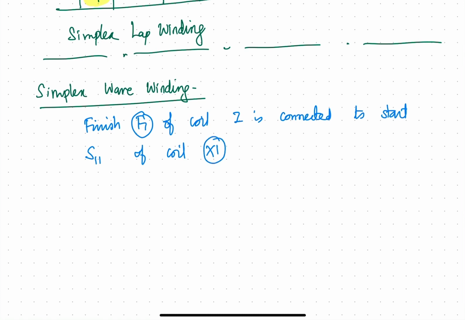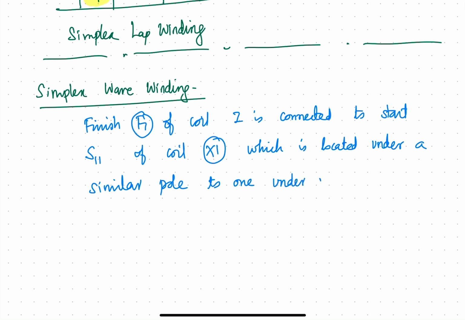For any particular case which is located under a similar pole to the one under which coil 1 started.